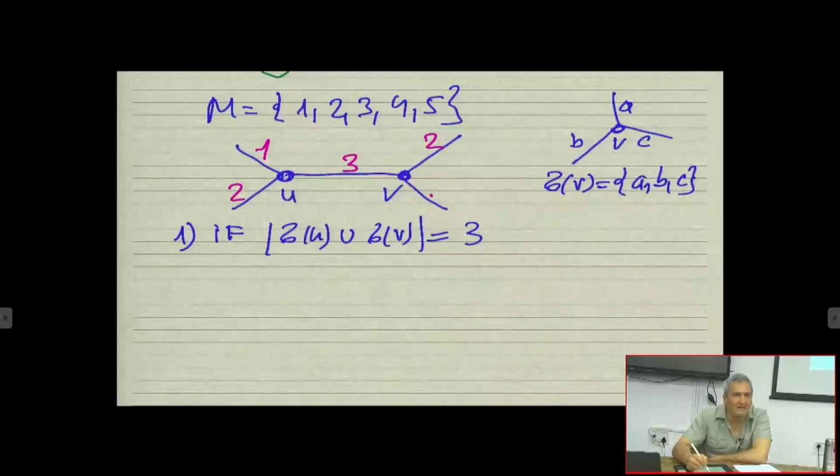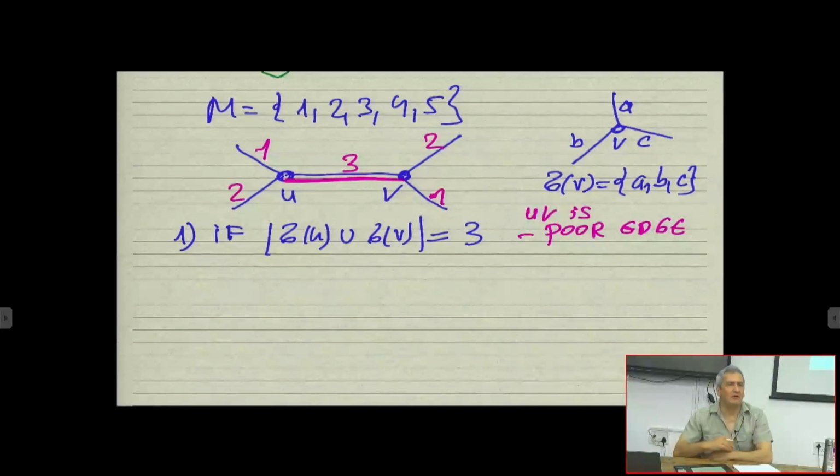What should be here? 1, yes. Then we say it's a poor edge. Such an edge is poor. I mean, for the edge UV. UV is a poor edge. Poor because it has the smallest possible number of colors. Okay?